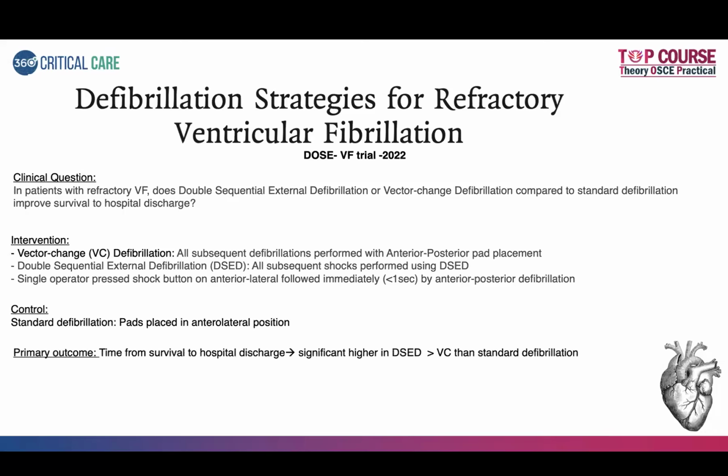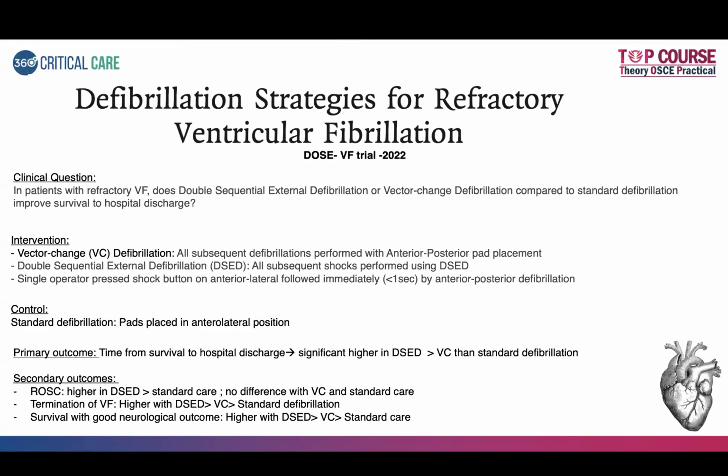The primary outcome was survival to hospital discharge. They found that it was significantly higher in DSED, that is double sequential external defibrillation, more than vector change, more than standard defibrillation. For secondary outcomes, return of spontaneous circulation, ROSC, was higher in double sequential defibrillation than standard care, but vector change defibrillation didn't have any difference compared to standard care.